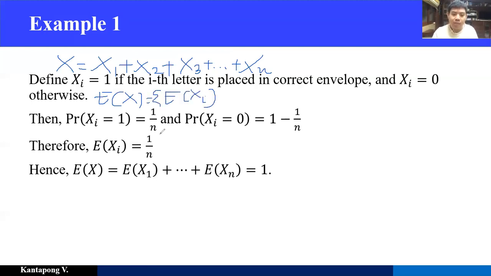Just find E[Xi] and done, because they are all symmetric. The probability of Xi equal to 1 is 1 over n. So on average, we add them together, we get 1. It doesn't matter how many envelopes there are, on average we get 1 that is placed correctly.